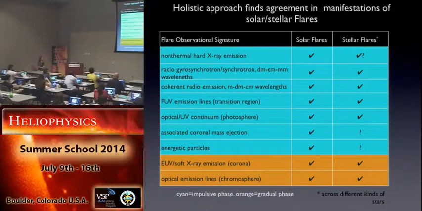There's a couple of exceptions here. We've got radio gyrosynchrotron emission from accelerated particles, which we see in solar flares, and we also see that during stellar flares.